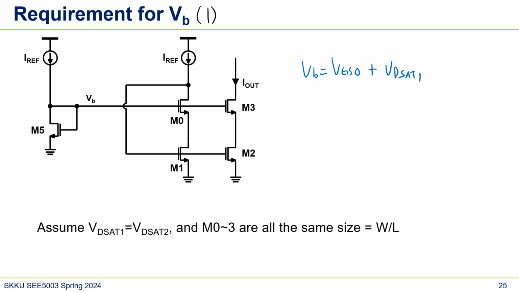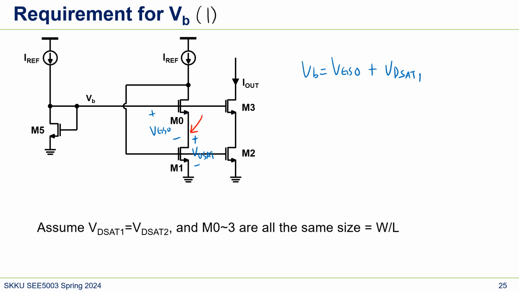Let's see what it means. Here's VGS0, and here is VDSAT. As we discussed before, the thing we have to do is set this voltage low, right?